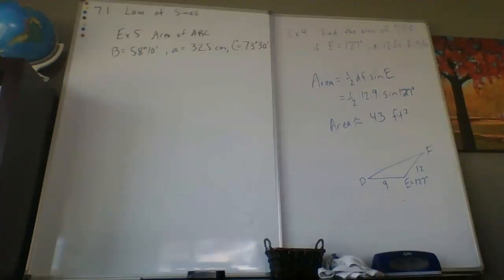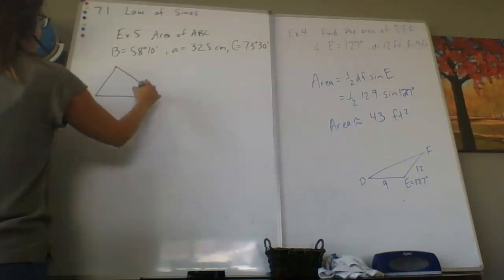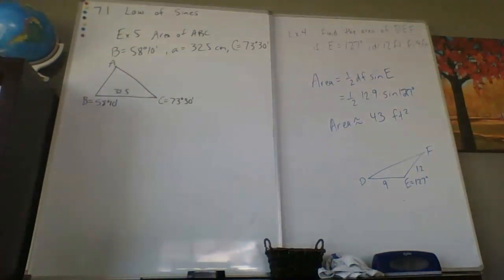Example 5, find the area of triangle ABC if B equals 58 degrees and 10 minutes, side A equals 32.5 centimeters, and angle C equals 73 degrees and 30 minutes. I personally like a triangle on this one because it's a little more complicated.